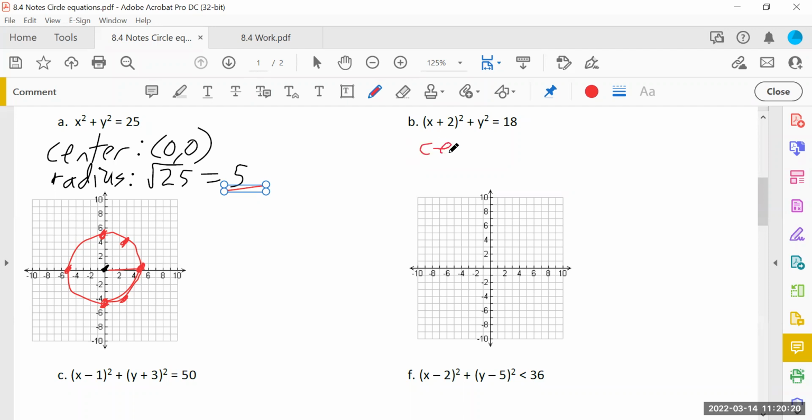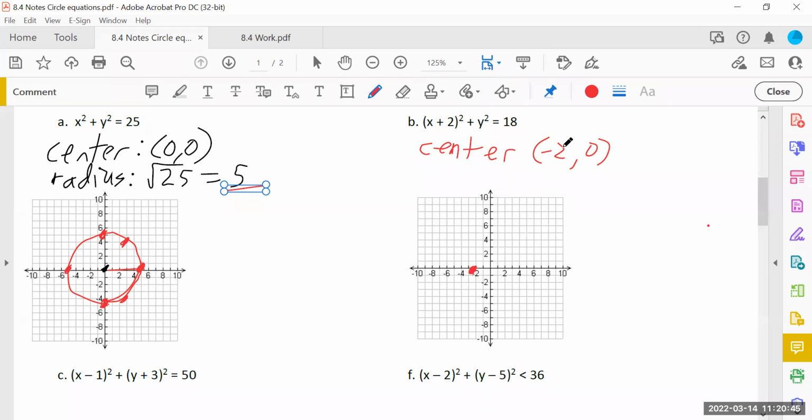So the center here is actually going to be -2, 0. It's the opposite of what's in the parentheses. -2, 0. So I can find that point. -2, 0 is right here.